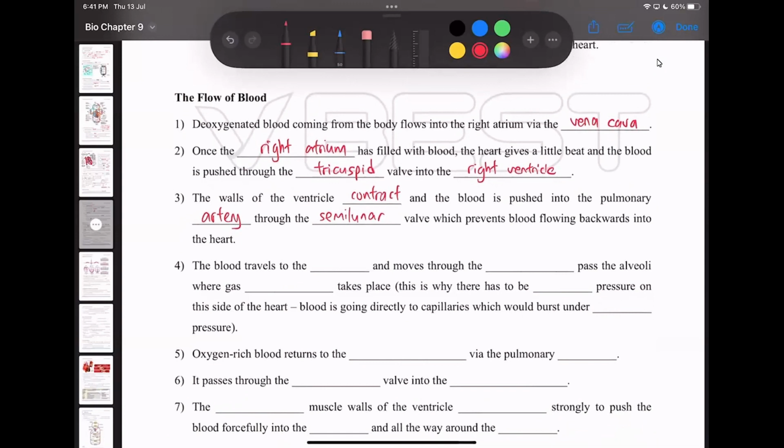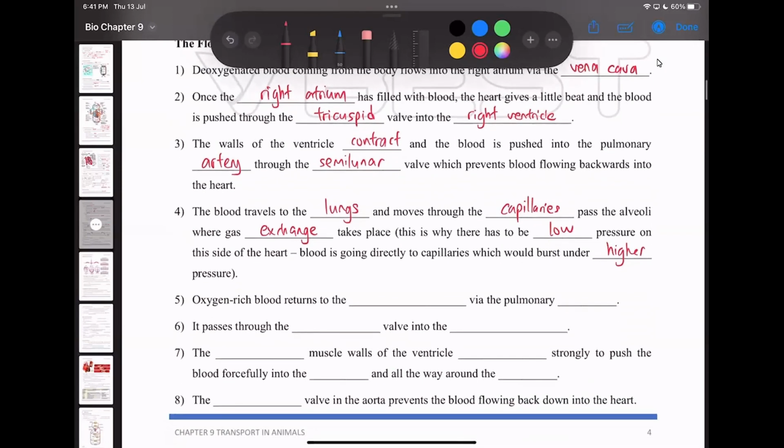Okay, so the blood will traverse to the lungs and move through the capillaries past the alveoli, where the gas exchange will take place. This is also why there has to be a low pressure on this side of the heart, because the blood is going directly to the capillaries, which would burst under higher pressures.